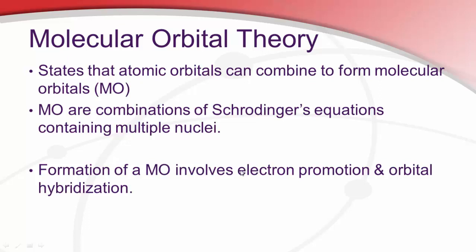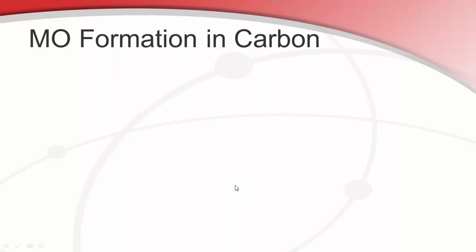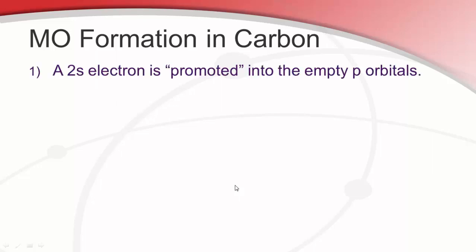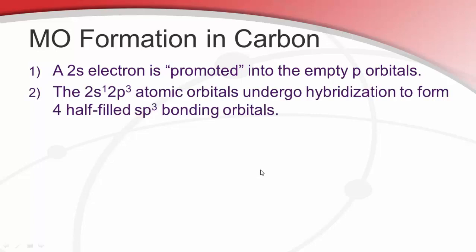Well, what does all this mean? These are a lot of big words. Well, it's not as complicated as it might seem. What happens in carbon bonding is that one of the 2s electrons is promoted into the empty p orbitals.